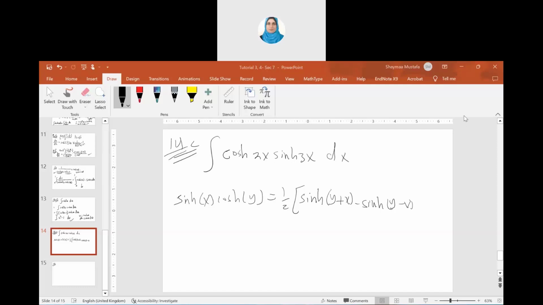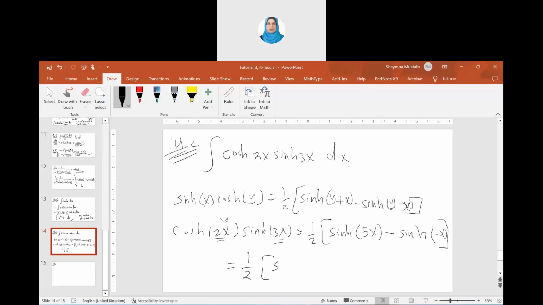So cos 2x sine 3x, which I need to integrate, will be equal to 1 over 2 of sine 5x minus sine of (2x minus 3x), which is minus x, so it is 1 over 2 of sine 5x plus sine x.